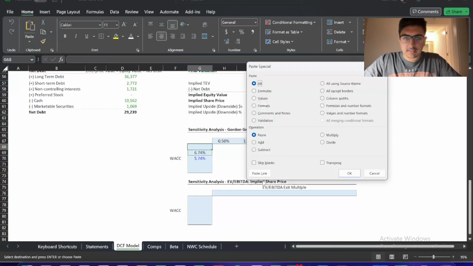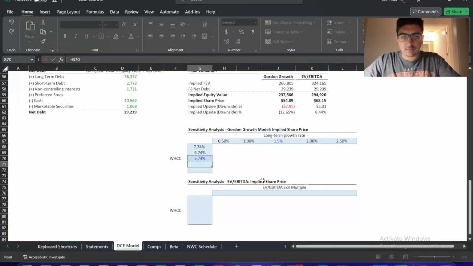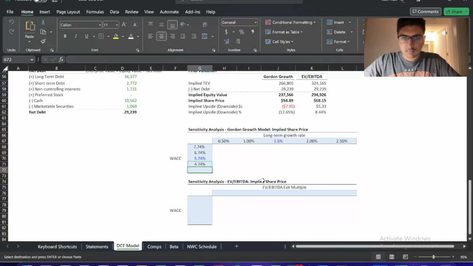Control C, Alt ESF, Alt HP to get that into a percentage. And let's say this decreases by 1%. Alt ESF, get that into a percentage, 2 decimal places. So now we have a range of long-term growth rates and a range of WACCs.